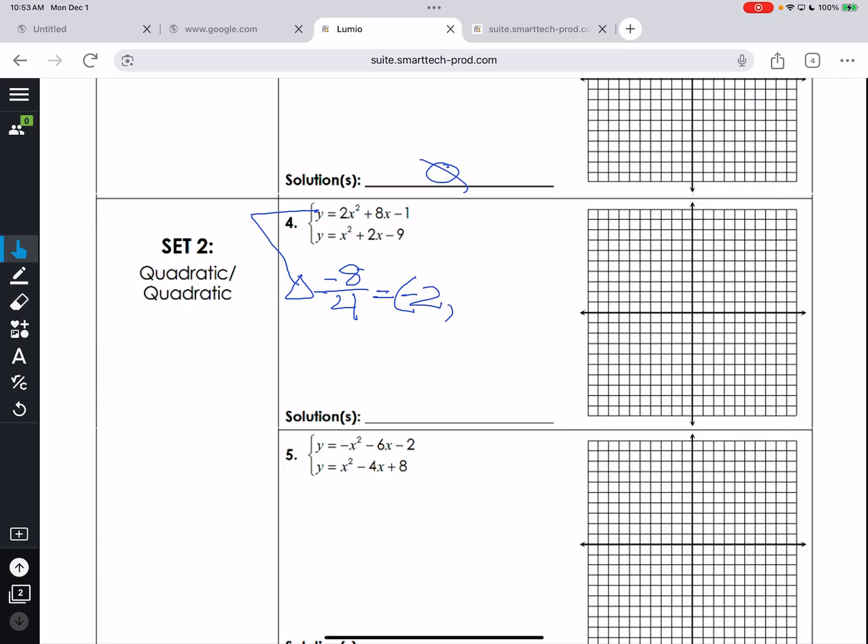And plug that back in. -9. Remember, this one's 2, 6, 10. Is the next one -1, -10? -1, -10.